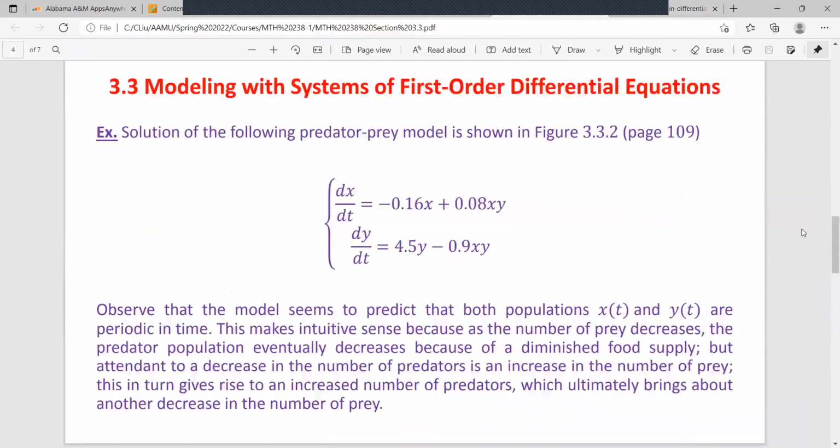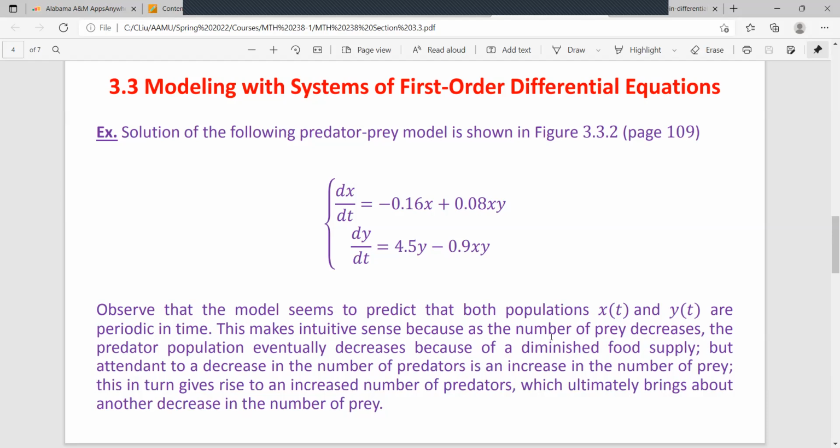Okay. If you observe that the model seems to predict that both populations x and y are periodic in time, this makes intuitive sense because as the number of prey, the rabbits, decreases, the predator population eventually decreases because of a diminished food supply.